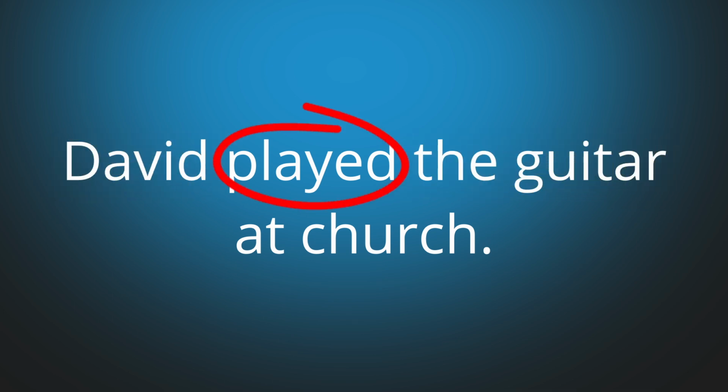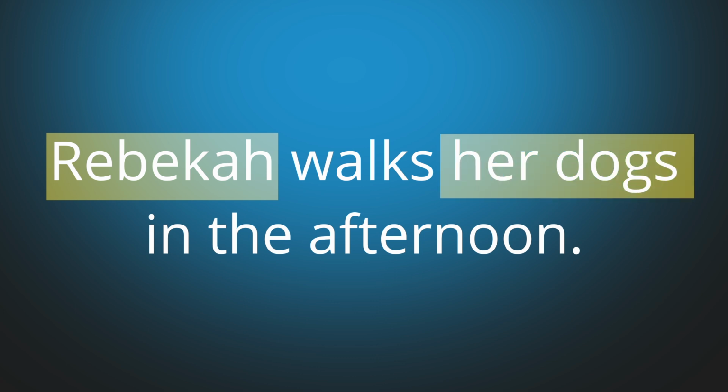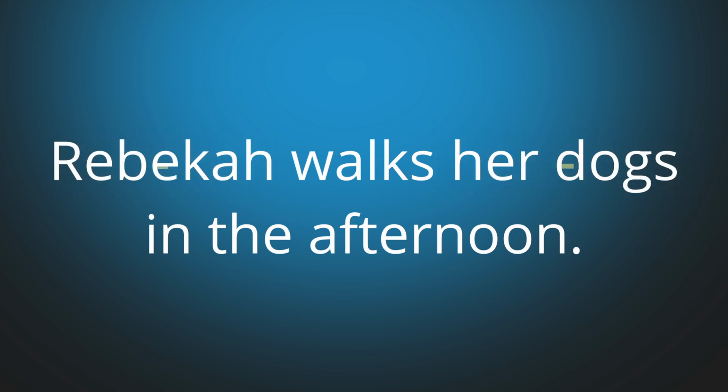Therefore, played here is in the active voice. Let's look at another example. Rebecca walks her dog in the afternoon. Notice Rebecca performs the action and the direct object, dog, receives the action. Therefore, walks here is in the active voice.